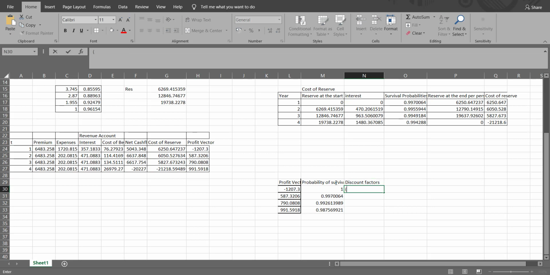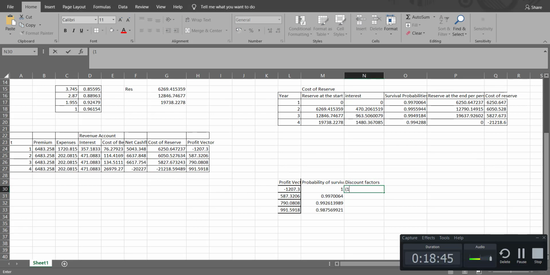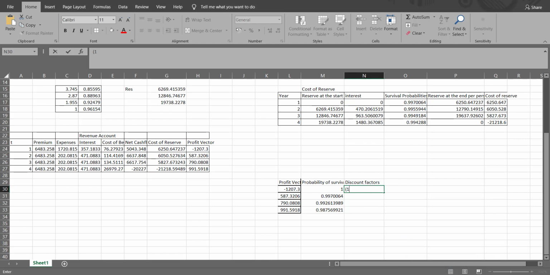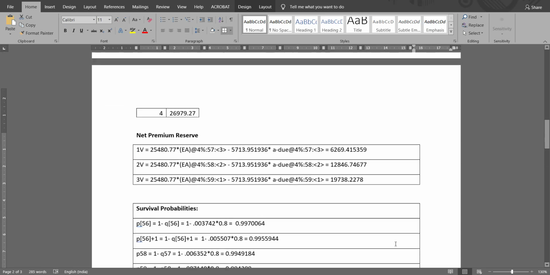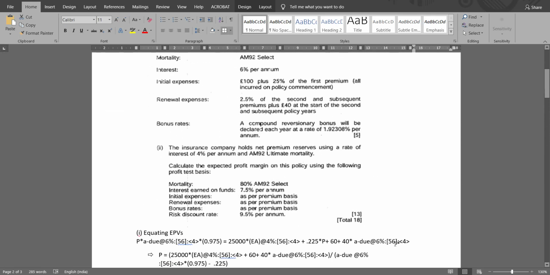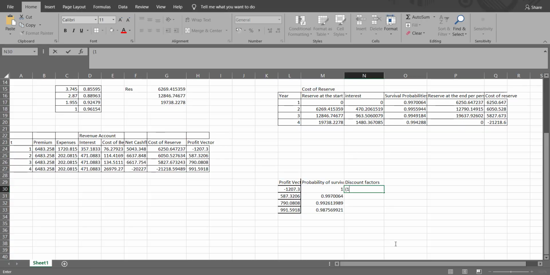So this will be equal to, what is the risk discount rate that we have to use? They have given it, I believe, right? So what was it? This discount rate is 9.5%, right? So discounting at 9.5%, 1.095 to the power of minus, let's just say I'm using this number.